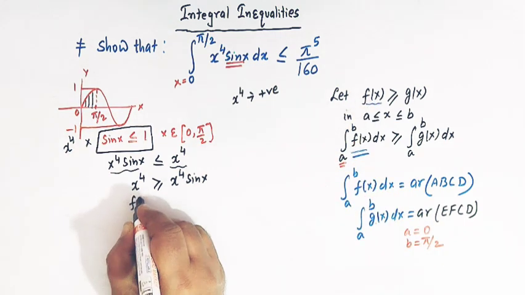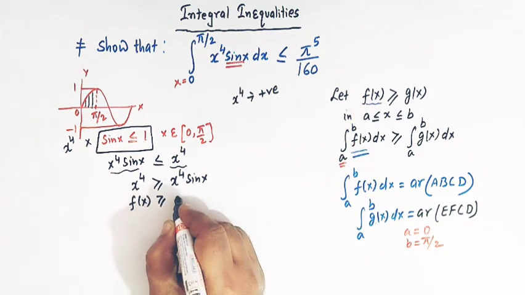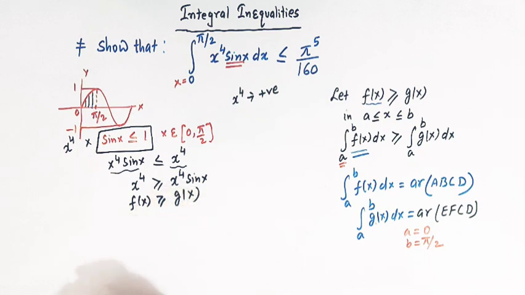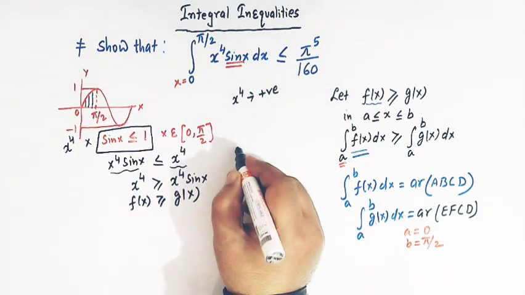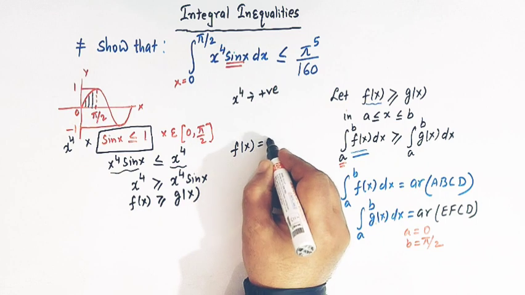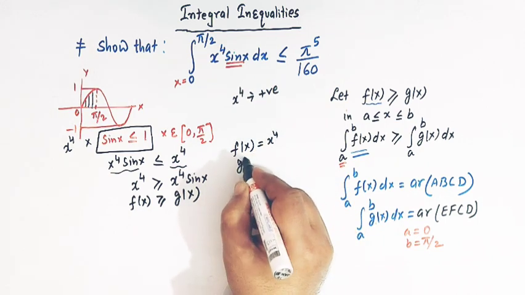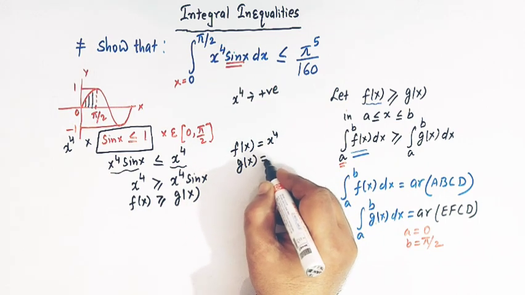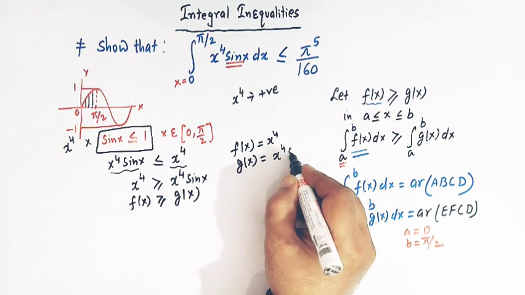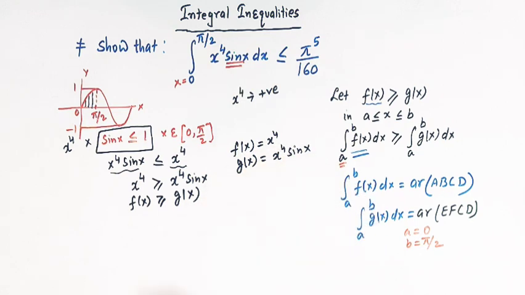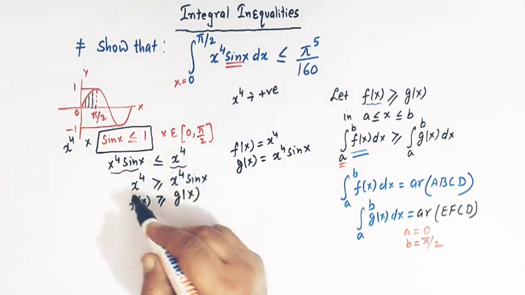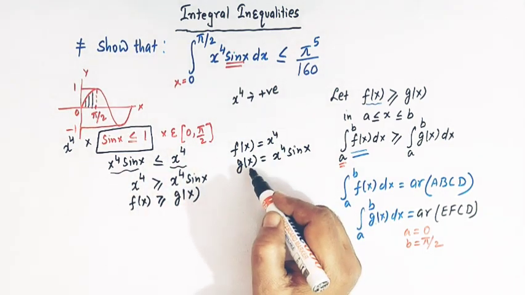So see, f of x is greater than or equal to g of x. So we can write f of x as x raised to 4 and g of x as x raised to 4 sine x, right?